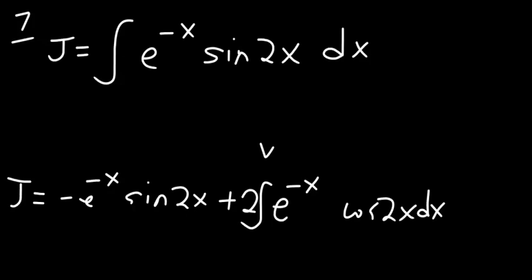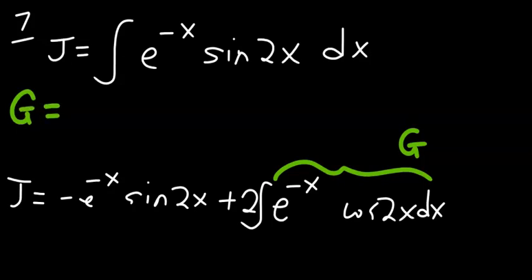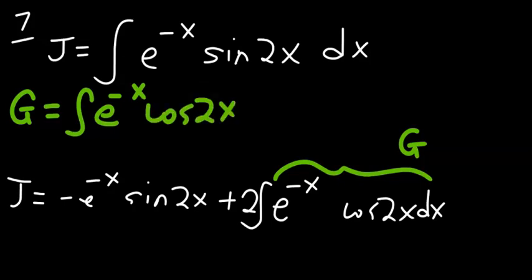Now we have to do one more time integration by parts for that integral. Let's call that integral g. So g is an integral of e to the power minus x cosine 2x dx.